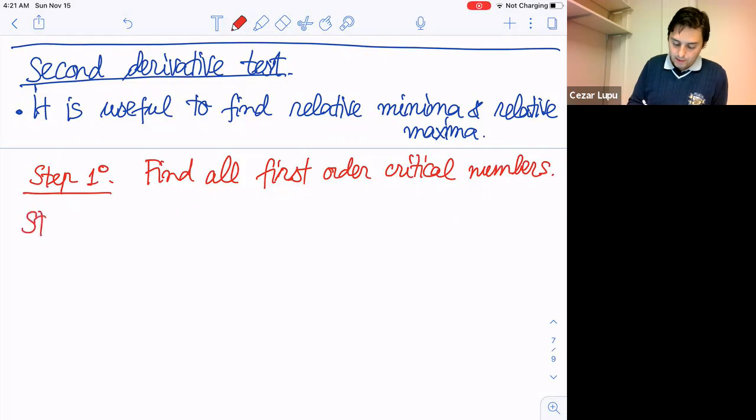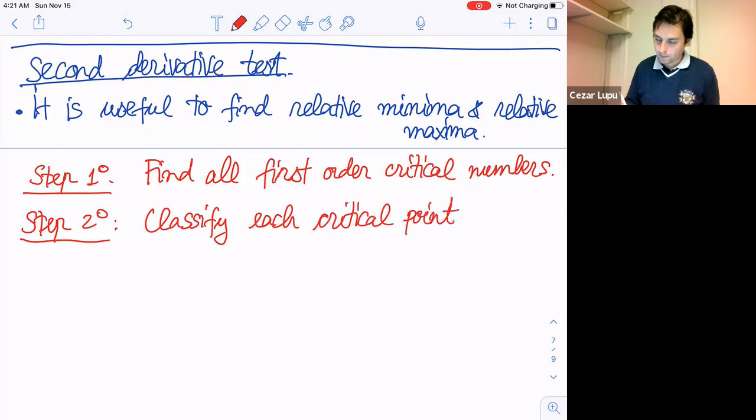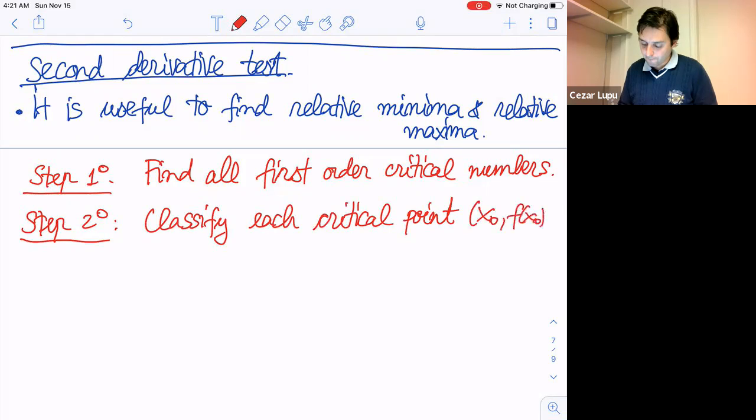Step 2, we would like to classify each critical point x naught, f of x naught, as follows.